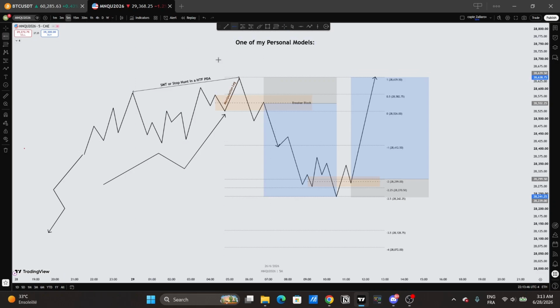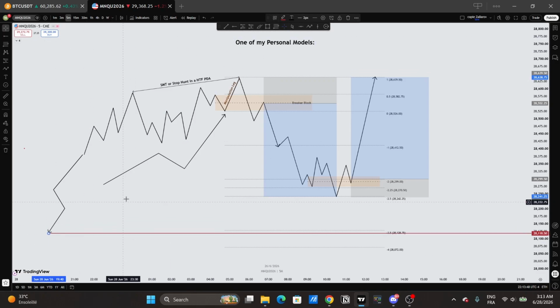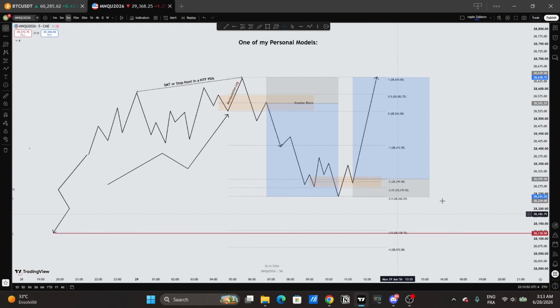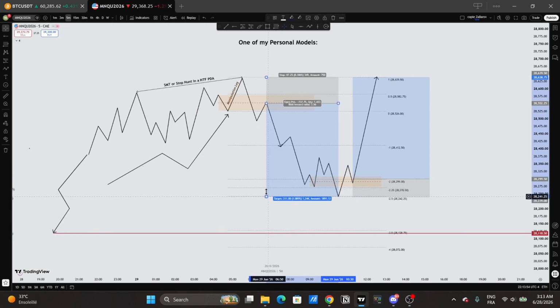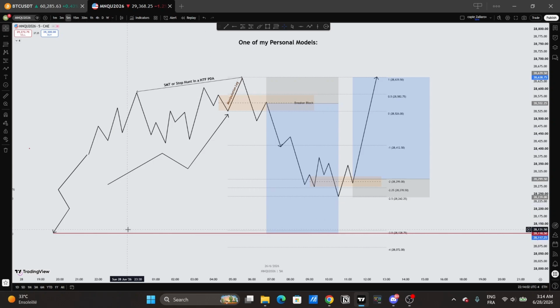So we have, let's say, a low here. In this particular case, what I personally do is I take half of my trade, I take partials at this zone and then hold the rest till this market low or this market target that correlates with one of my zones.